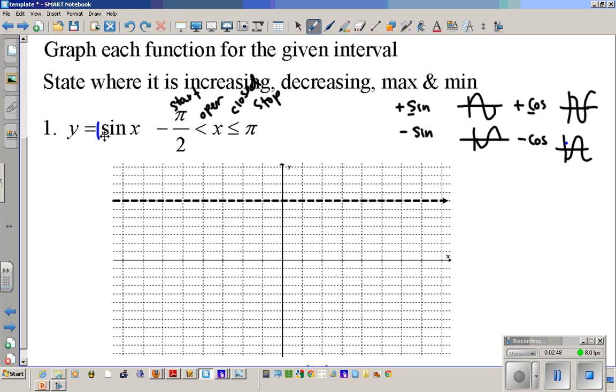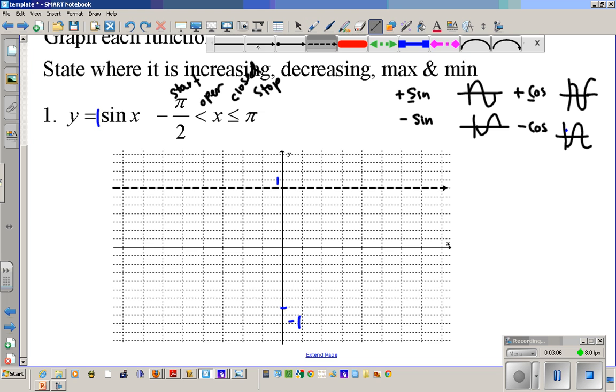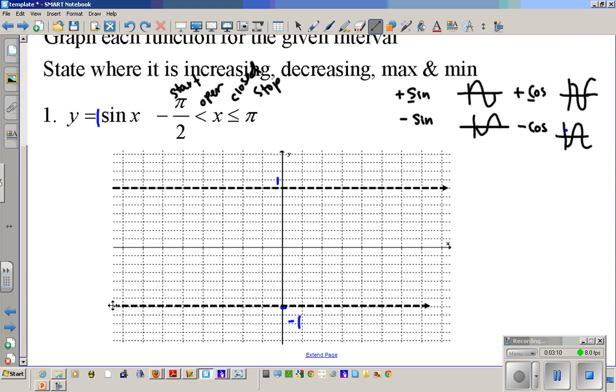There's a 1 there, so our maximum is going to be 1. Okay? And then we're going to go down 7. The opposite of 1 is negative 1, so you're going to go down to negative 1. Alright, so that is going to be your minimum. You have a max and a min, and our center is going to be our x-axis.